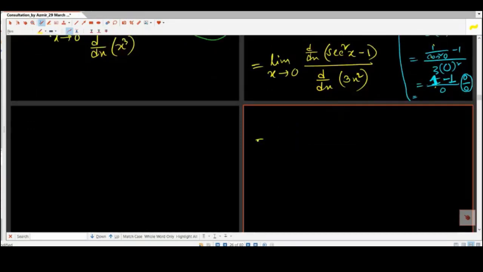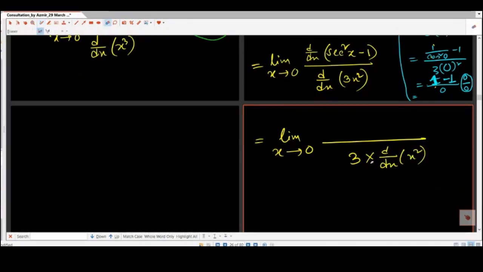So limit x tends to 0. In the denominator we have differentiation of 3x squared, so 3 can be pulled out, and we have differentiation of x squared. In the numerator we can write differentiation of secant squared x minus differentiation of 1.